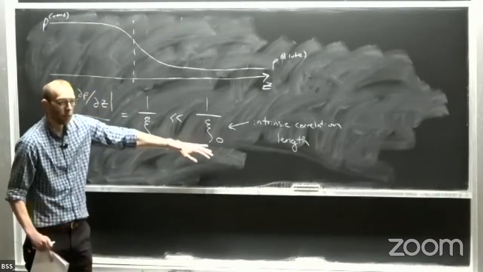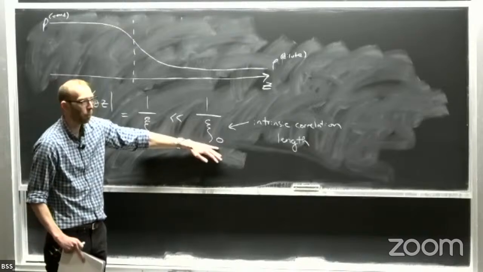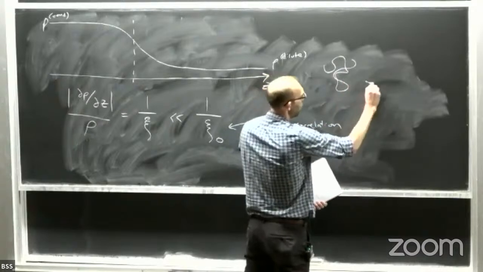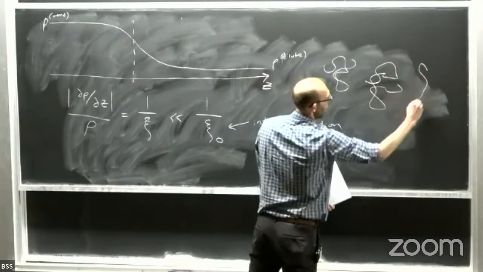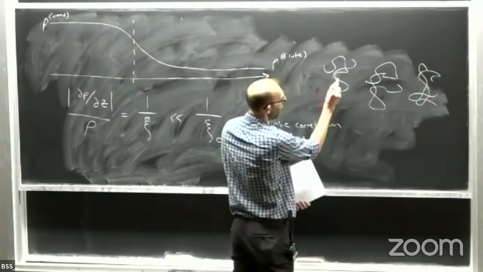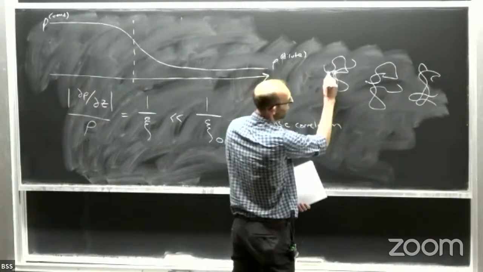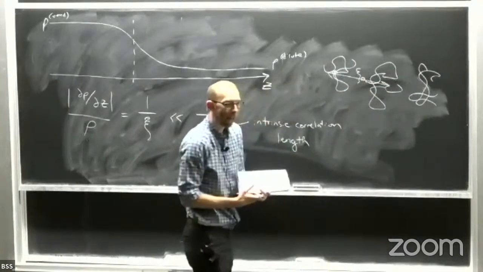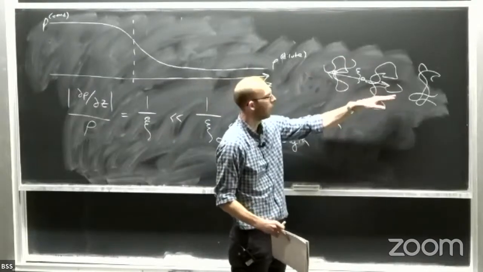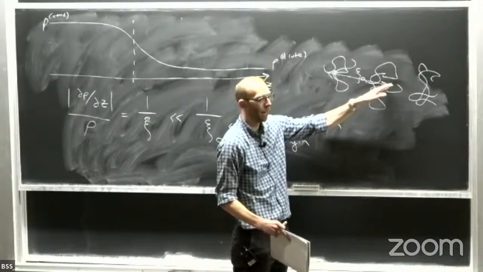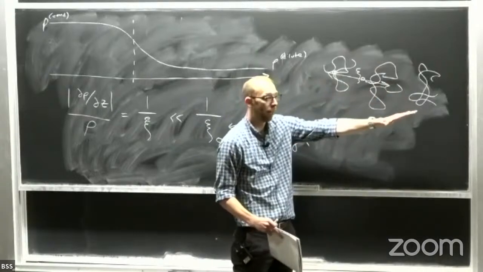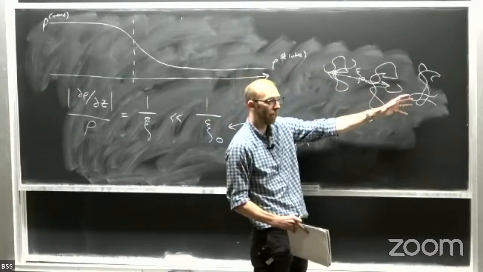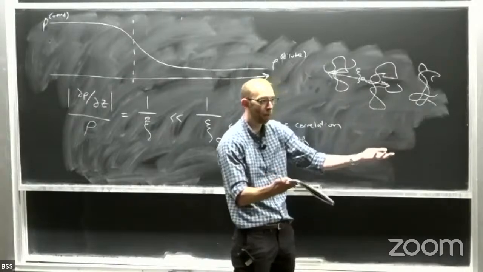Right? So the easiest way to think about this is to imagine that I look in my fluid and I have, say, one polymer here, another polymer here. How far do I have to go from the center of one to have no information about the chance of finding another polymer? If I go very, very far away, then the probability of finding another polymer chain is just going to be given by the average polymer concentration.